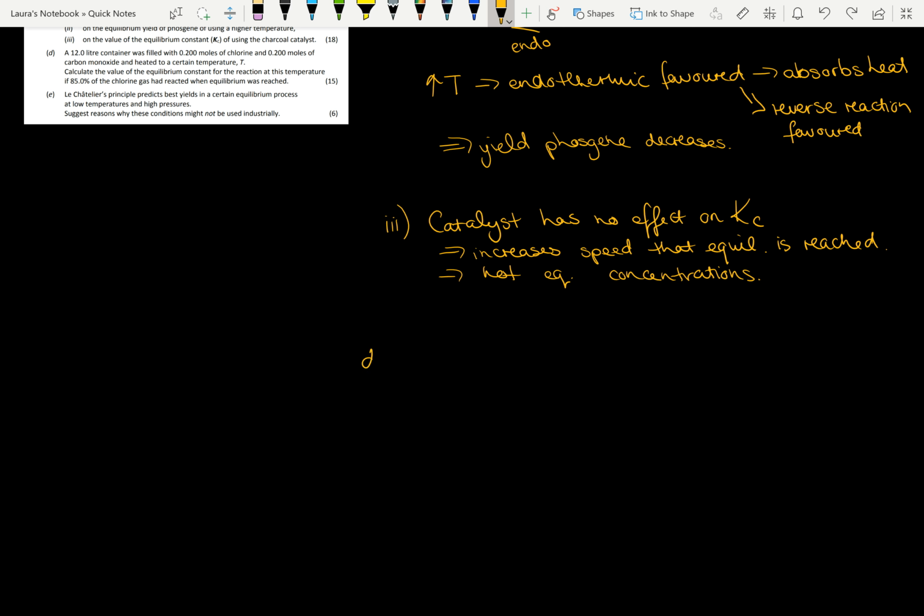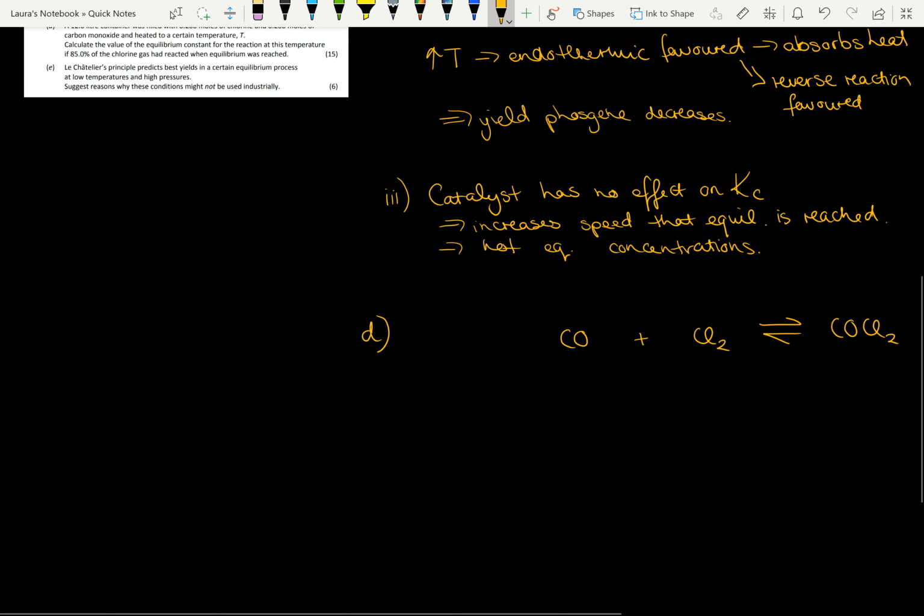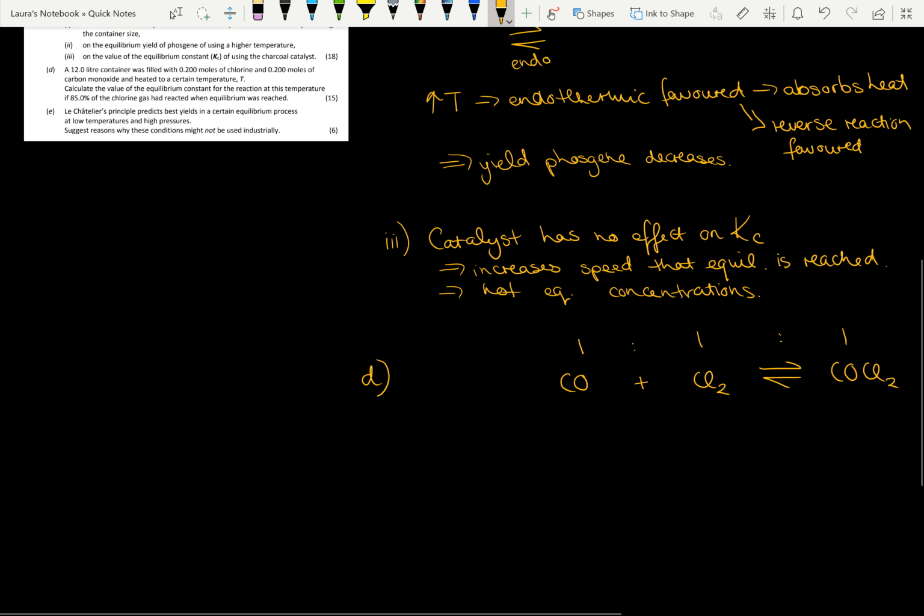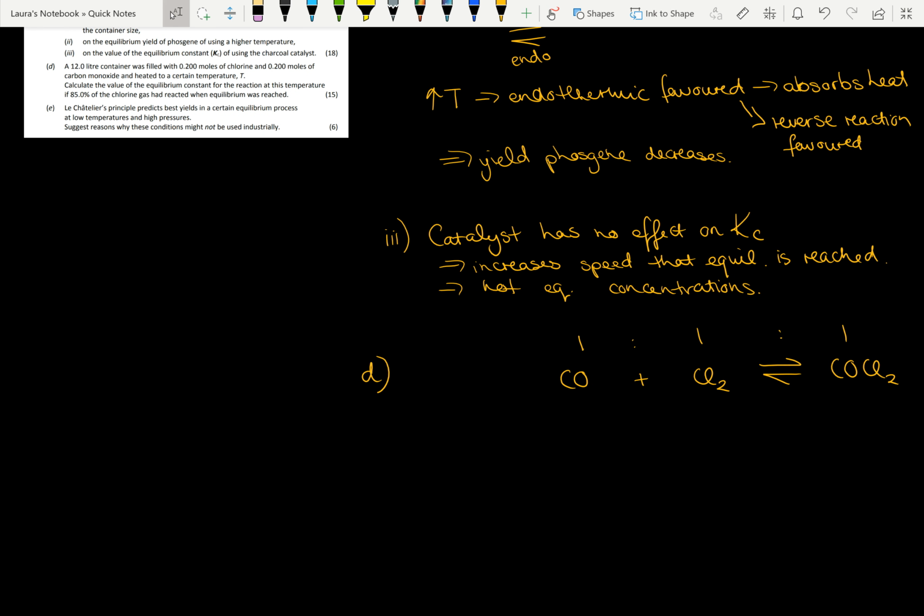So part D, now we're getting into a calculation. When we're doing our equilibrium calculation, we're going to have to set up our little table. So let's rewrite the equation again. We've got CO, Cl2, COCl2. We can tell straight away that the reaction is 1 to 1 to 1 in terms of its ratio, so it's going to be a little bit nicer.